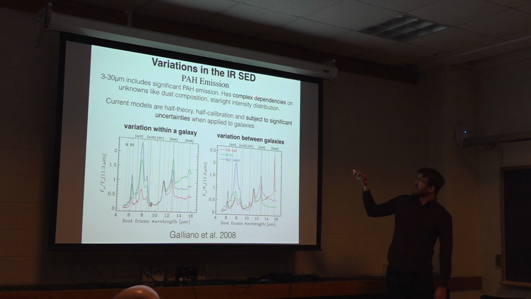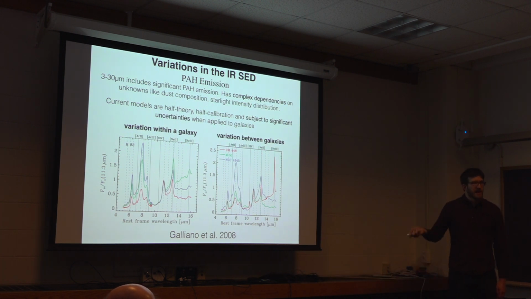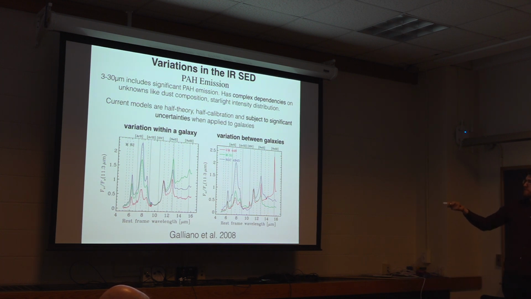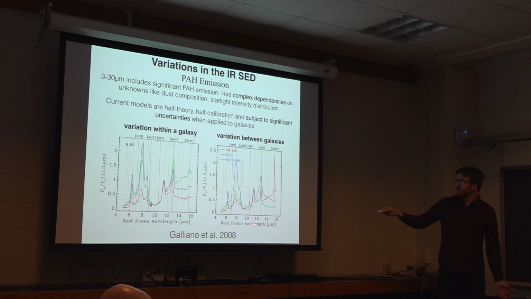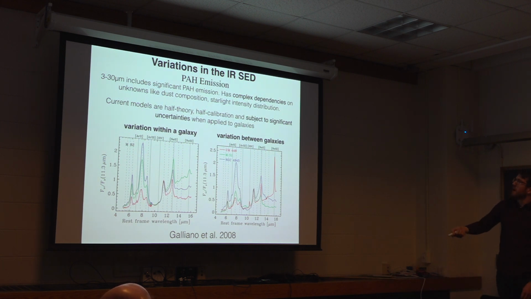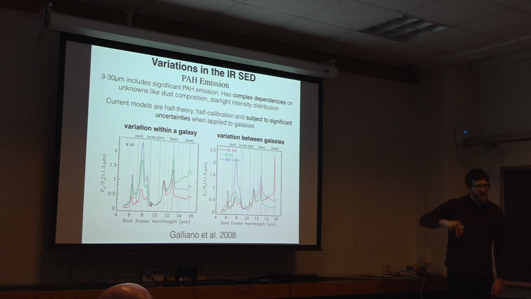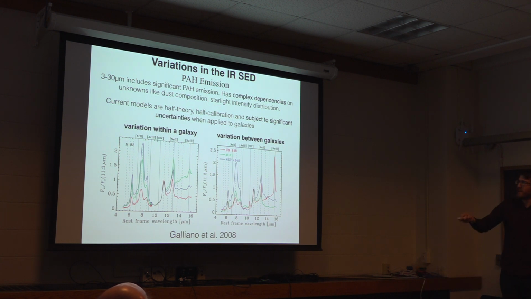And so these complex dependencies mean if you look at the PAH emission on a galaxy by galaxy basis, it changes quite a bit. So here's two different spectra, pretty straightforward. In the mid-infrared region, you see these whopping PAH emission features, and not only do they show significant changing between galaxies, but you also see significant change within a galaxy, not just in the amount of PAHs, but also the line ratios of PAHs. So this is kind of a jungle out there.